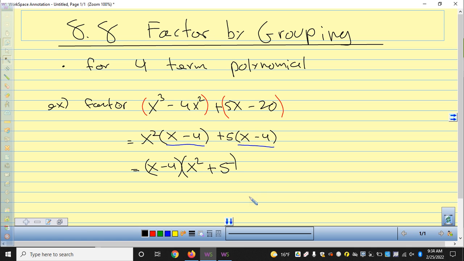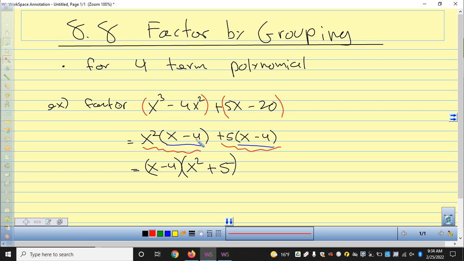And I can always check my work. If I distribute this x minus 4 here, I get x minus 4 times x squared. And when I distribute the x minus 4 here, I get 5 times x minus 4. So what we said was each of these has an x minus 4, this bit and this bit both have an x minus 4 multiplying.